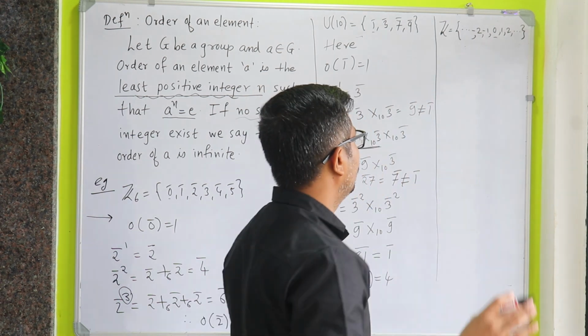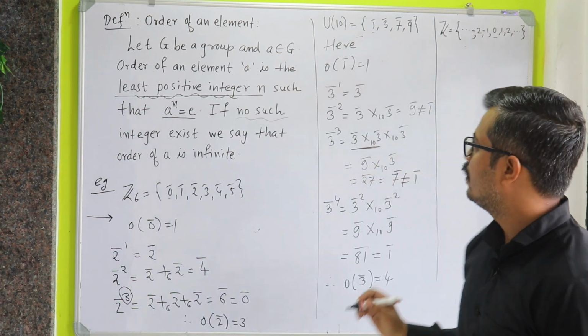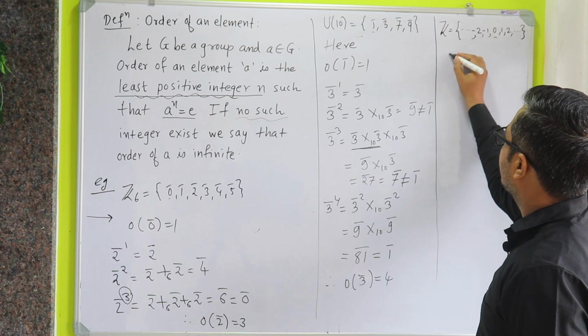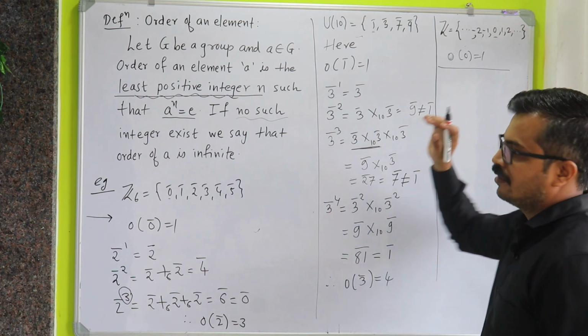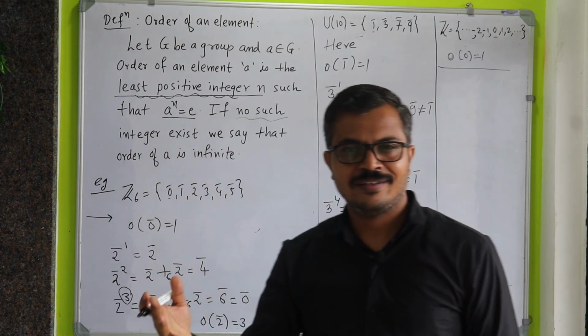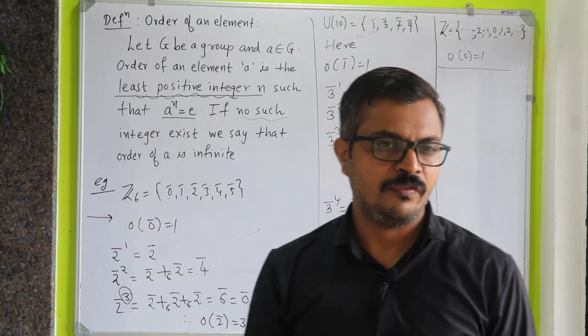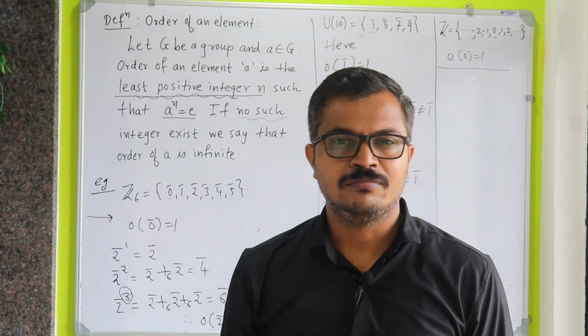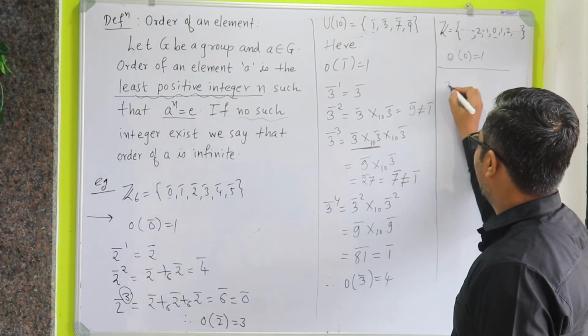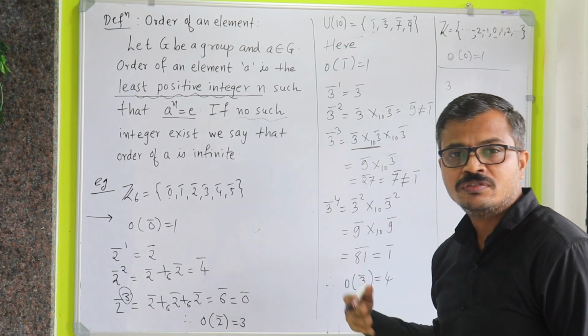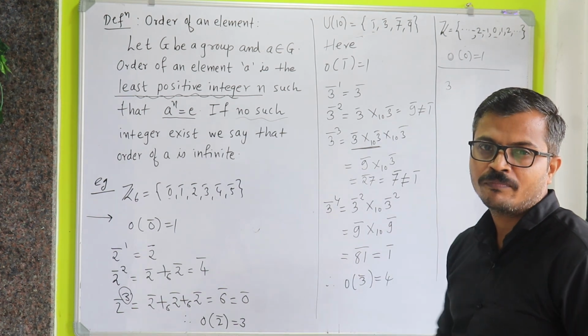Now for the set of integers, the order of the identity element, that is nothing but 0, is going to be 1. Now let us pick one element of Z and try to find its order. I pick 3, you can pick any integer obviously. So let us find what the powers of 3 come out to be.